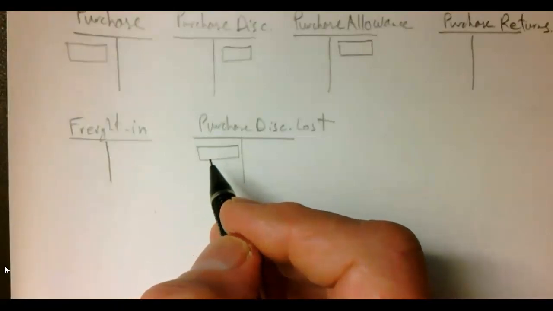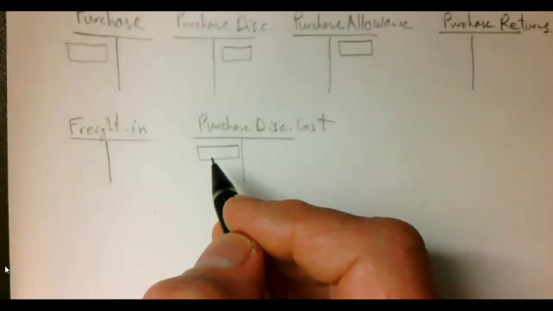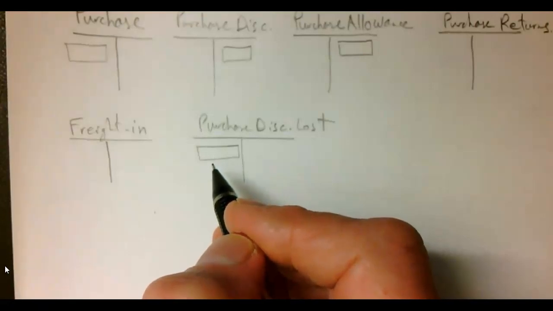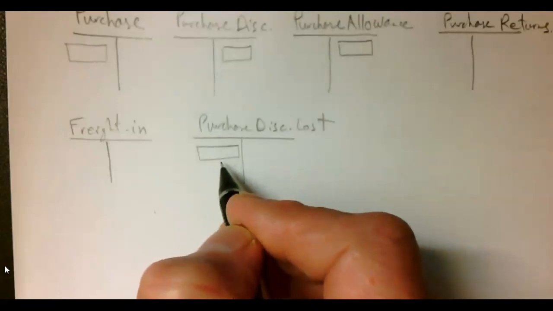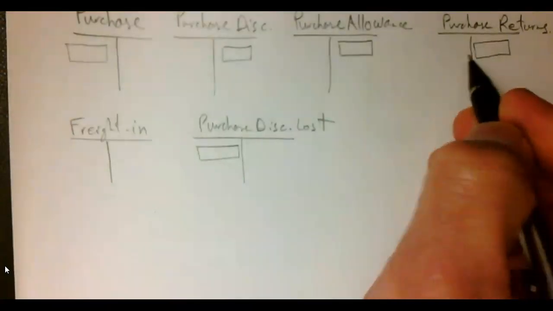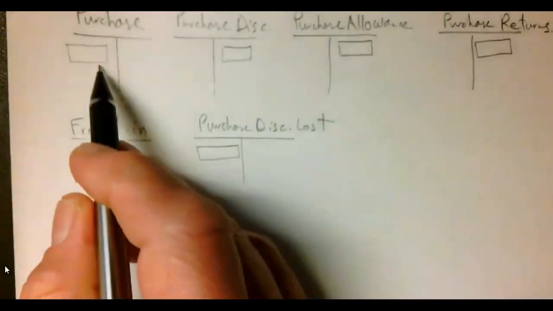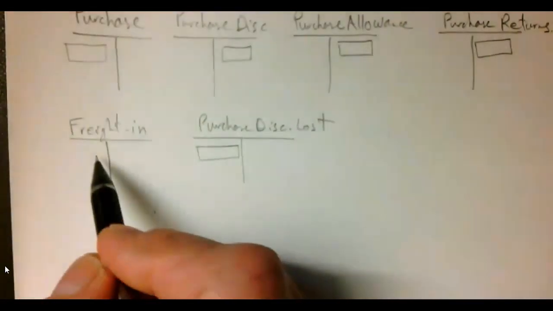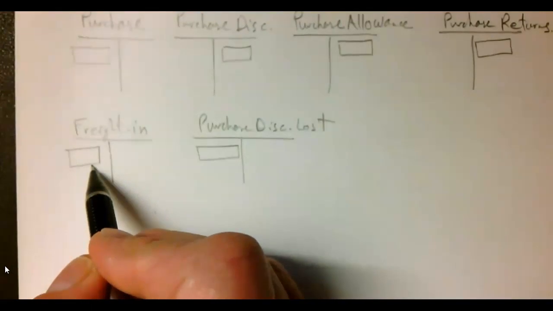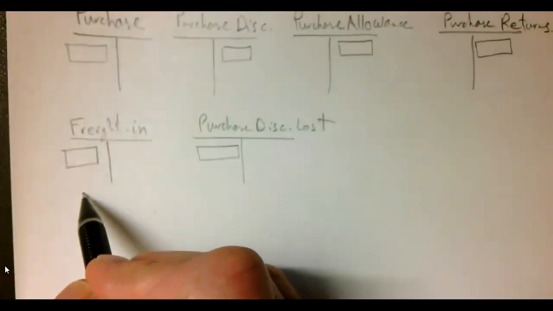Because of that net method and you paid after the discount date, you end up paying extra money, extra interest, and that's purchase discount lost. Purchase returns are also on the credit side because they are a contra account to purchases. Freight in is on the debit side because that's extra money you paid for shipping to get the inventory.